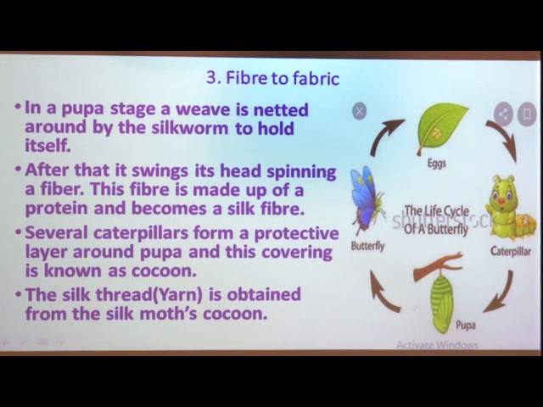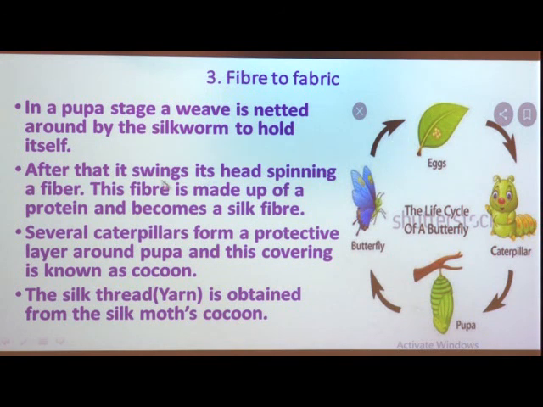Here this caterpillar is going to secrete a secretion which is made up of protein, and when that protein comes in contact with air, there is a formation of a silk fiber, and in the pupa stage a weave is knitted around by the silkworm. So around itself only, that weave which is knitted around the silkworm.